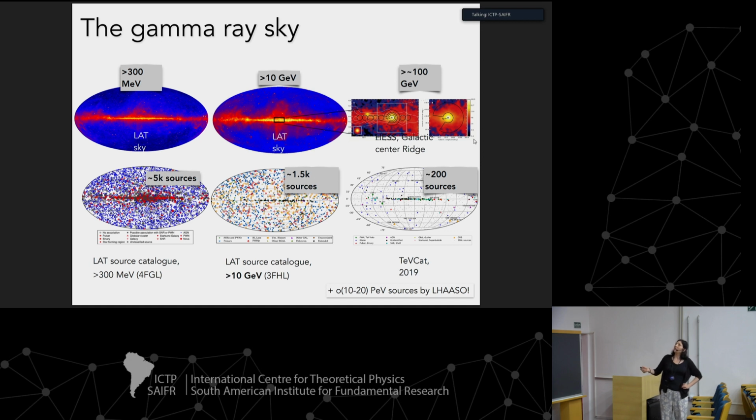But when you get to TeV energies, where you observe the sky with Cherenkov telescopes, this emission gets much fainter, and it's very hard to observe. If you remember the experimental technique of Cherenkov telescopes, they have a rather limited field of view, and there is lots of cosmic ray background. If you have emission that is almost isotropic, like the cosmic ray background, it's very hard to detect.